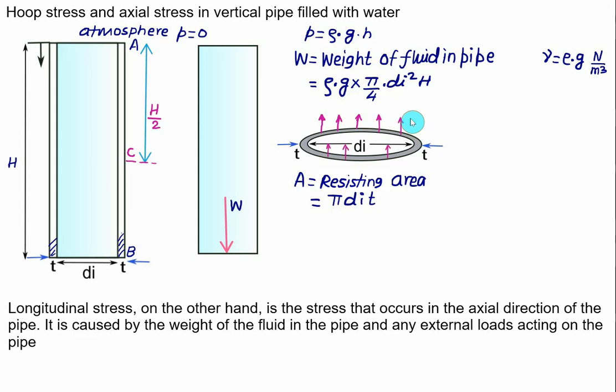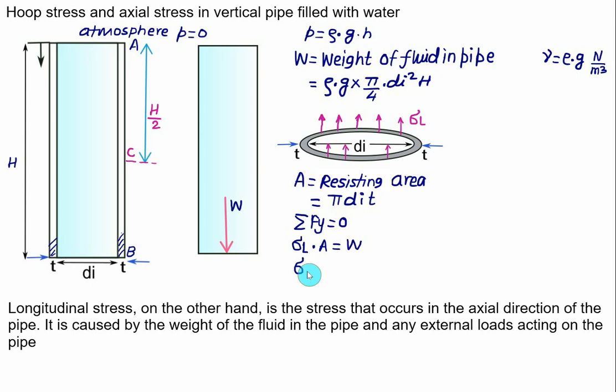Let's represent the axial stress by sigma L. Sigma L multiplied by the resisting area will be cancelled with W. If we apply the summation of Fy, vertically upward positive, we get sigma L, the longitudinal or axial stress, multiplied by area A equal to the downward force, that is weight W.